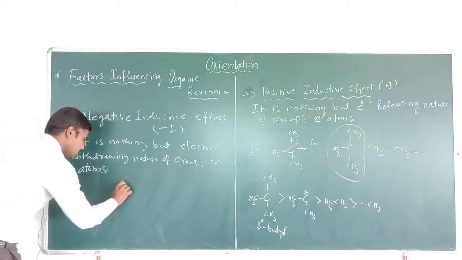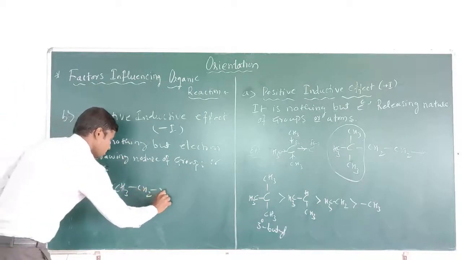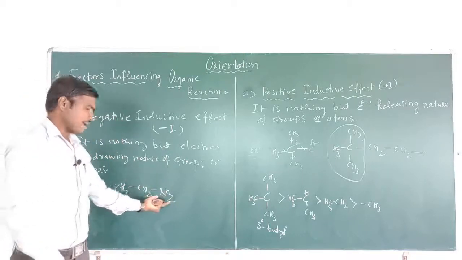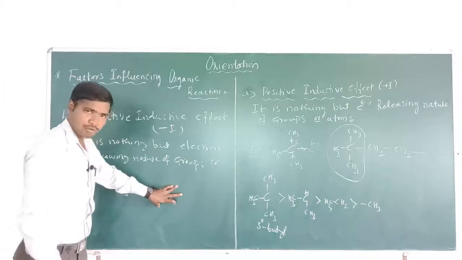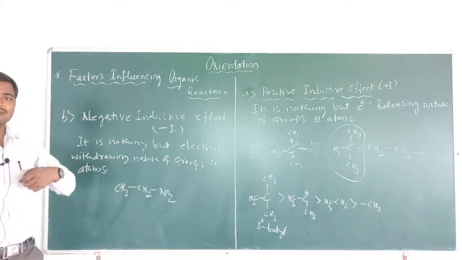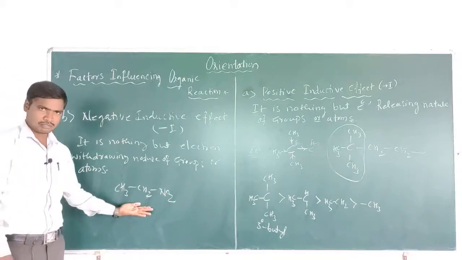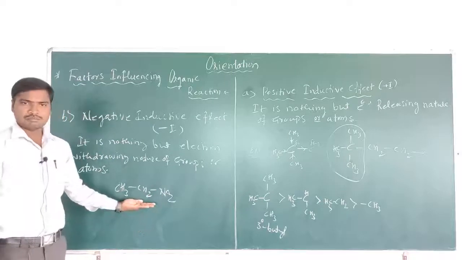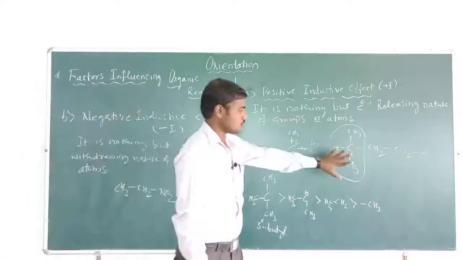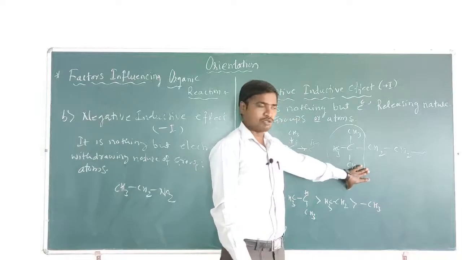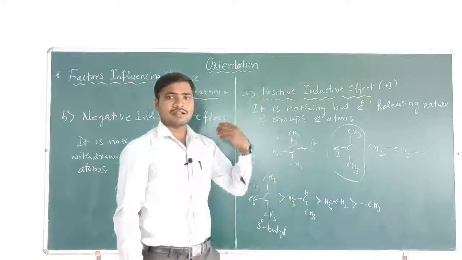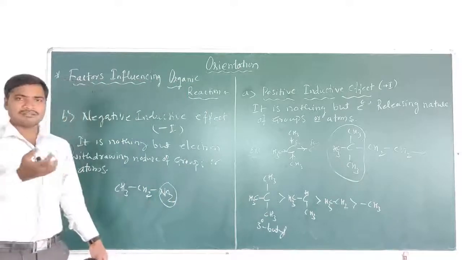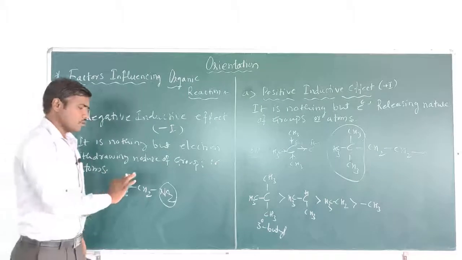For example, if you consider a nitroethyl group, the nitro group acts as an electron withdrawing group in this molecule, so it shows a minus I effect, whereas the alkyl group shows a plus I effect because it acts as an electron releasing group.